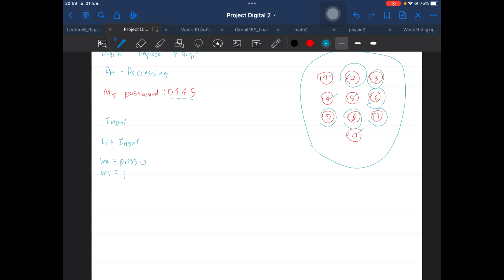W3 is press 1. W2 is press 4. W1 is press 5. And W0 is wrong switch.